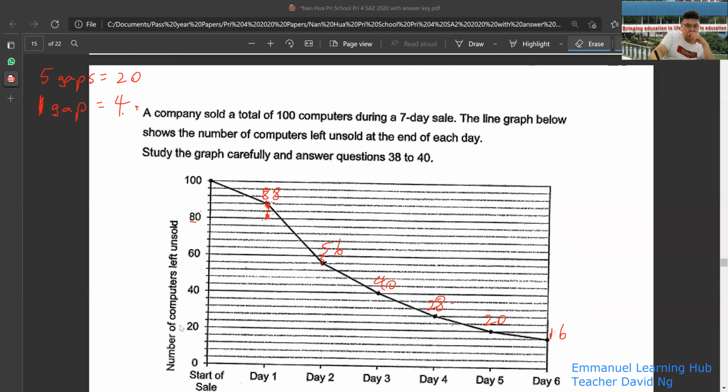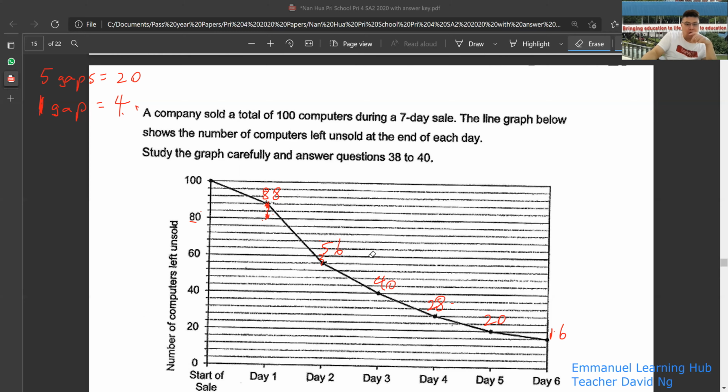Which line is the steepest? Is it this one? 88. Is this the steepest? Yes. So 88 and 56, how many computers were sold? 88.